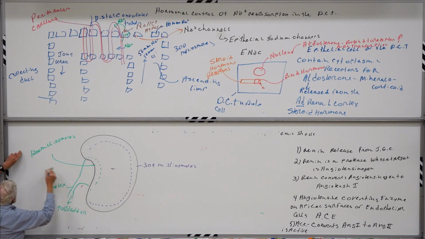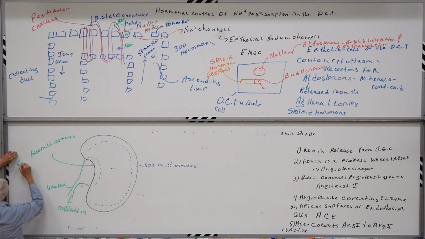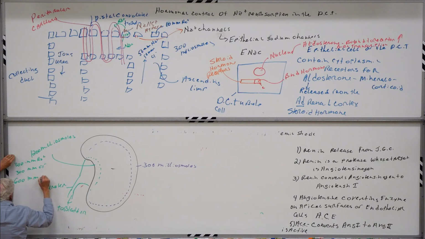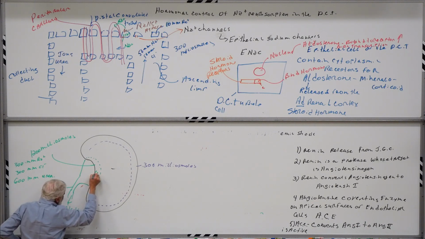The osmolarity down here is derived from about 300 millimolar sodium ions, about 300 millimolar chloride ions, and about 600 millimolar urea. And if you add this up, this comes out to 1,200. So the concentrations here are around 1,200 milliosmoles.